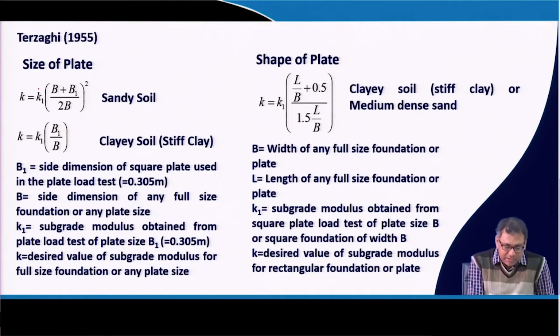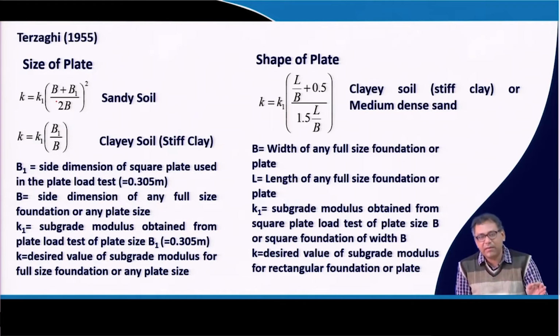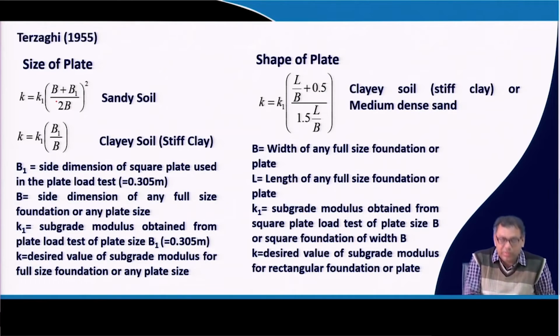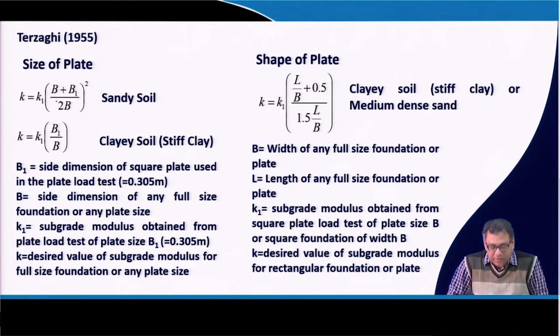So, that is K1, and B is any plate dimension, obviously greater than 30 centimeter, or any foundation also, and then you use this correlation to get the k value for the sandy soil, and use the second correlation to get the k value for the clayey soil, specifically for the stiff clay.